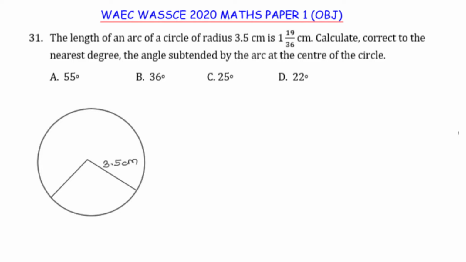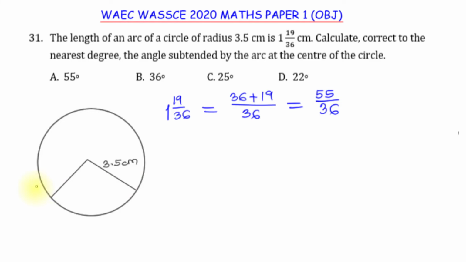I will just convert that to an improper fraction: 1 whole number 19/36 is the same as 1 times 36, that will be 36 plus 19 over 36. We can evaluate it, 36 plus 19 is 55.